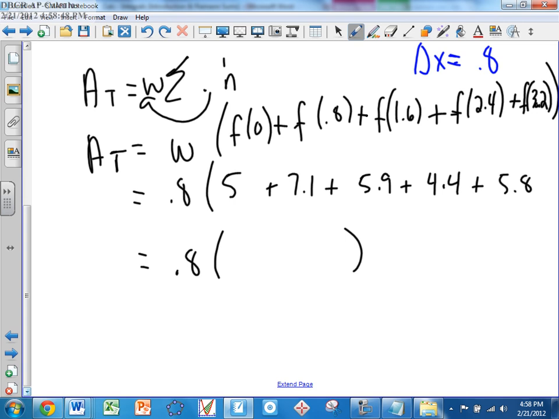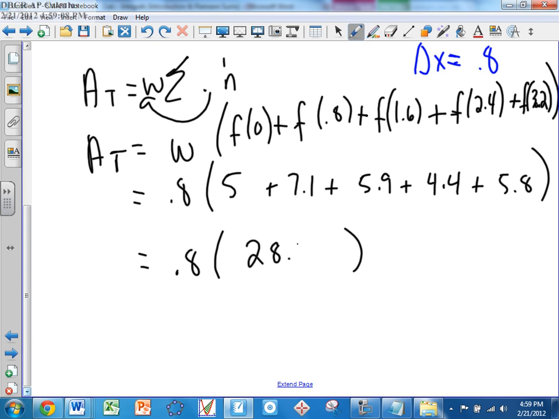5.76. Okay. So again, the height of the function changes based on my location. Obviously, when we're at x equals 0, there's that height. When we're at x equals 0.8, there's that height. The sum of these heights turns out to be what value? 28 point.